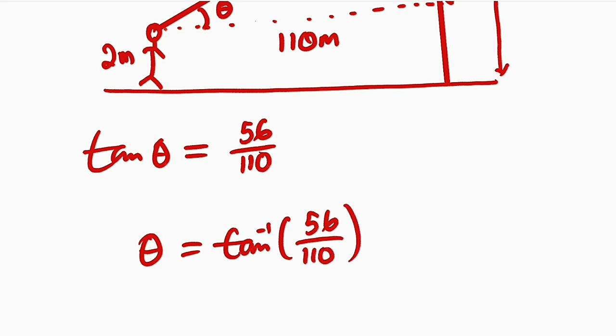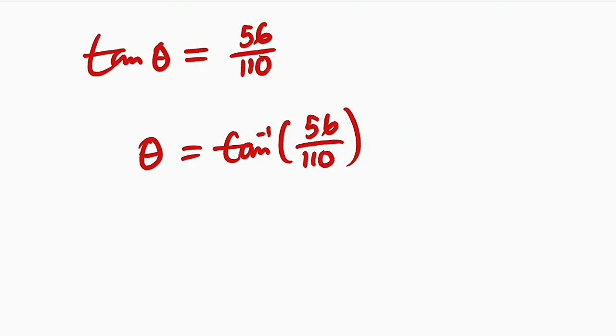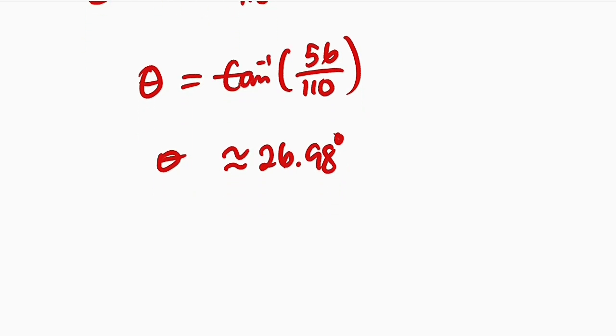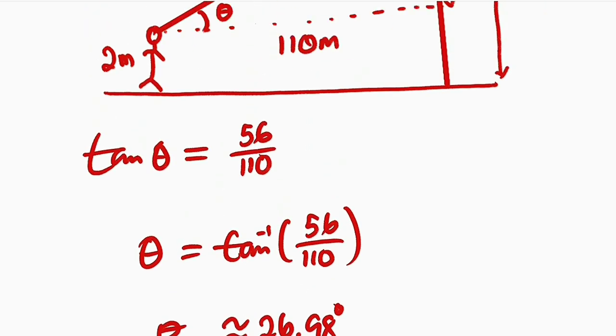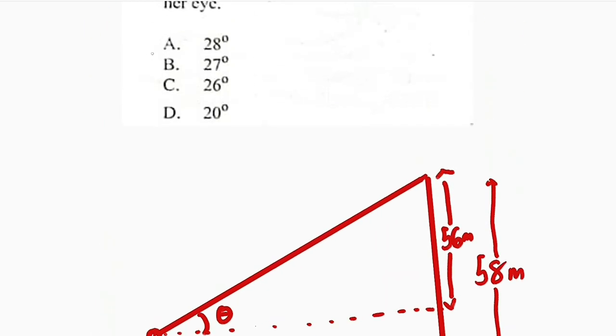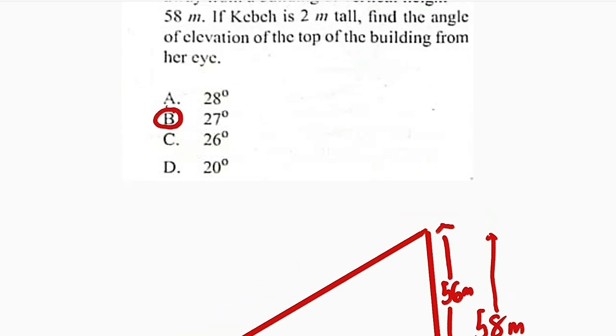Let me use my calculator. I have approximately 26.98098 degrees. And to the nearest whole number, we can write this as 27 degrees. Let us check options. We have it as option B.